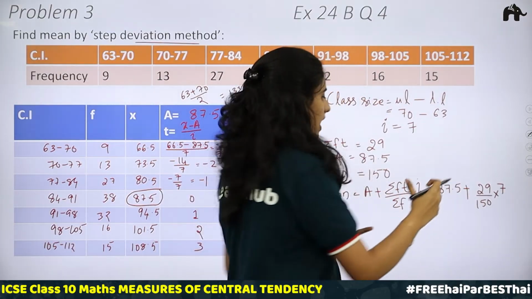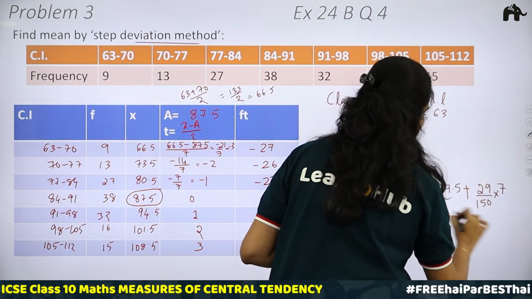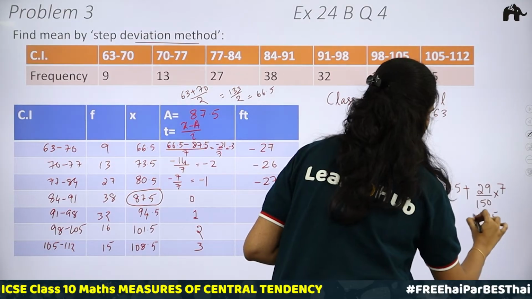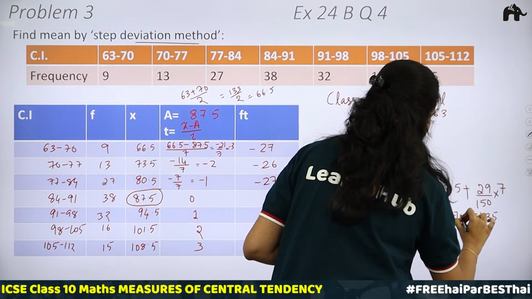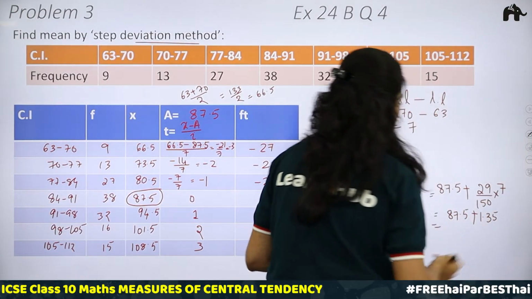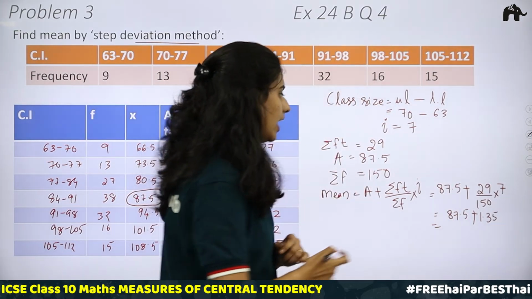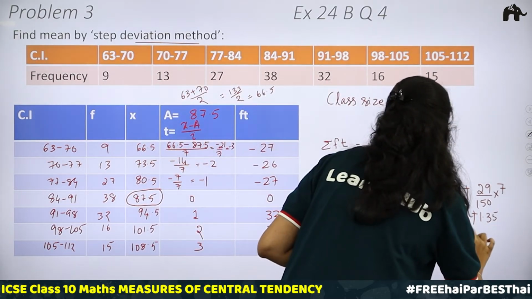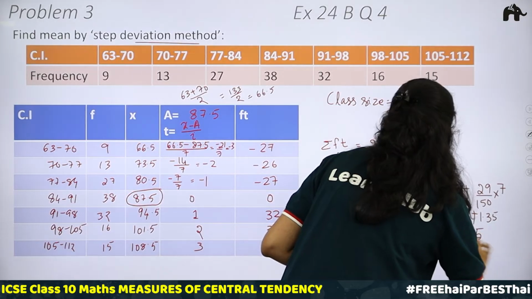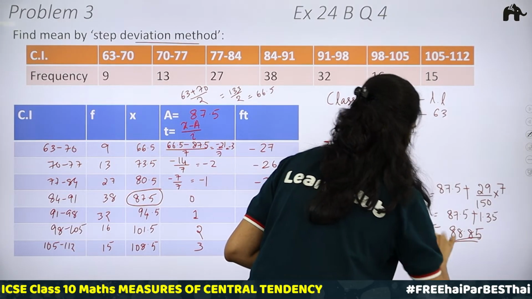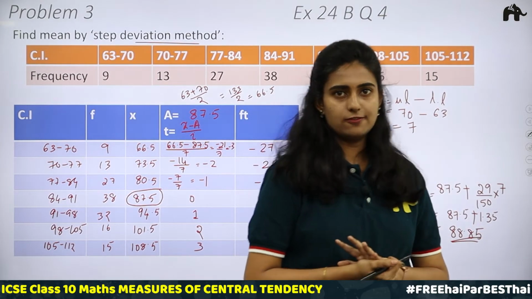So, when you calculate this part, you will be getting 1.35 plus here you have 87.5. The final answer on adding, you will be getting 88.85. So, the required mean is equal to 88.85.